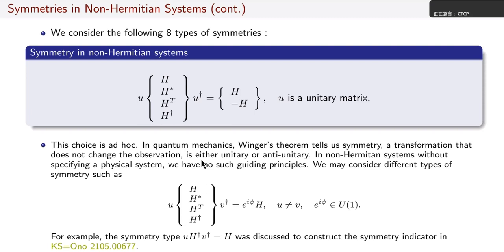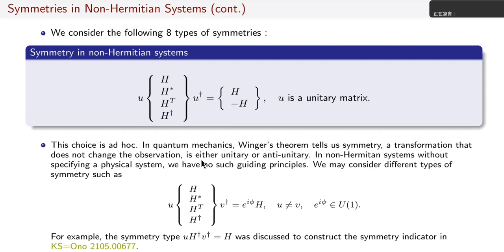From this definition, we can prove that symmetry can be represented as a unitary or anti-unitary transformation acting on Hilbert space. So this is the case of quantum mechanical system. But here I didn't mention the physical system, so I have no guiding principle. I see. So this is just one point.